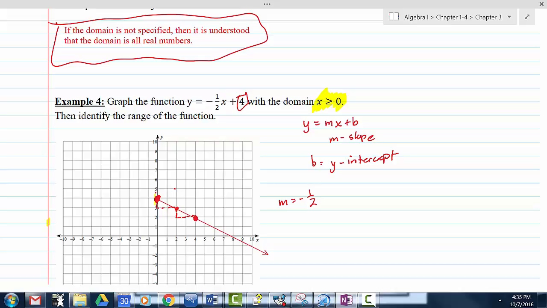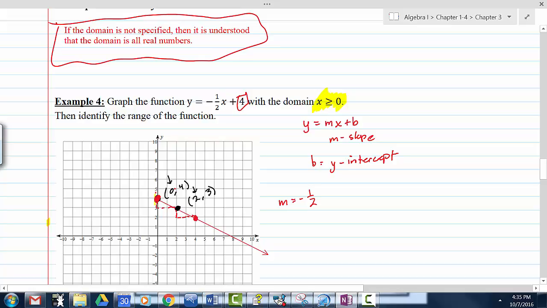Domain, notice that all the values of x for the line are greater than or equal to 0. Take for instance this point. That right there is (0, 4). This being the x coordinate, is it greater than or equal to 0? Absolutely. Keep going down. This point right here, that is (2, 3).